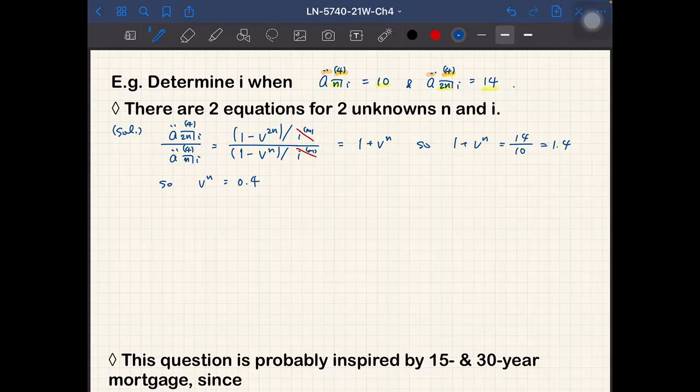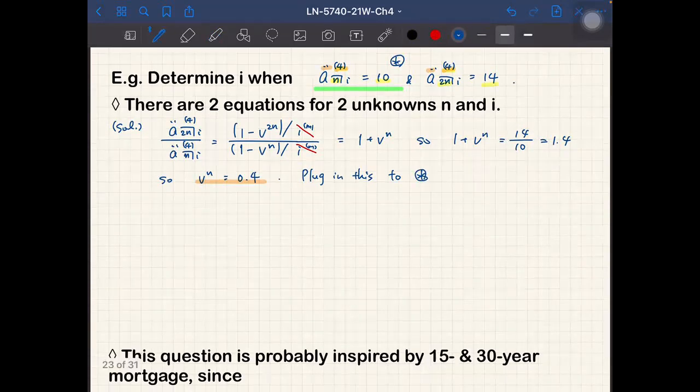So now we plug this quantity into one of the equations. Maybe we can plug into the first equation. Then what happens? a double dot angle n superscript 4 is 10.